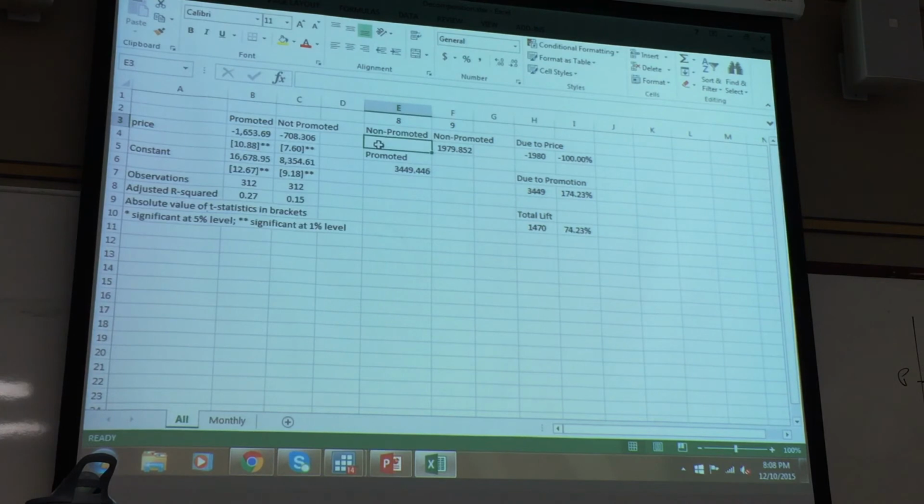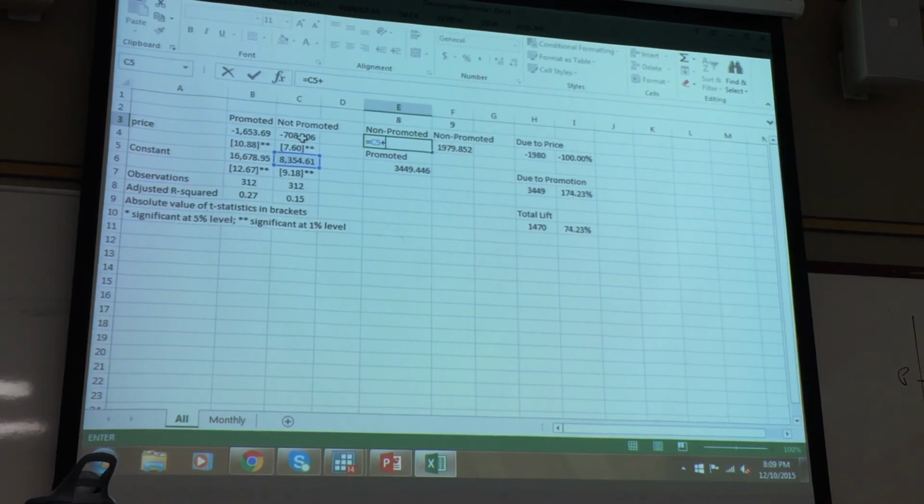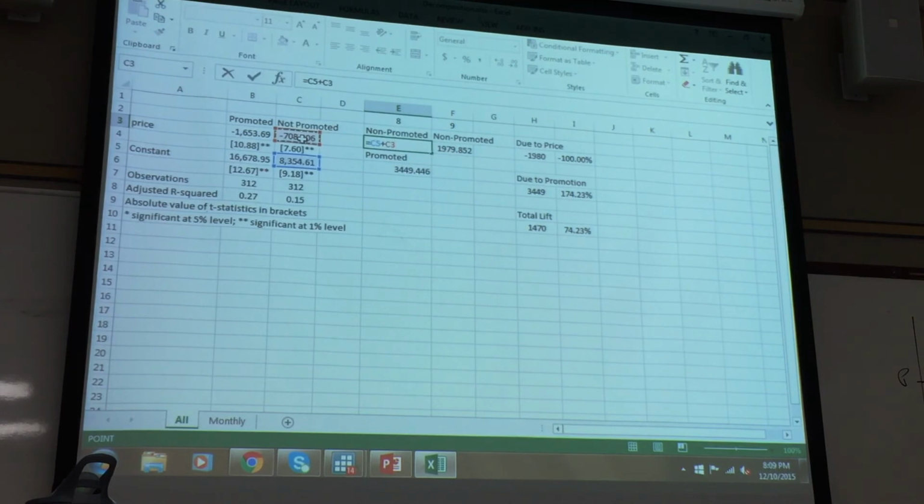Non-promoted demand equals the non-promoted constant plus the non-promoted price coefficient times price.